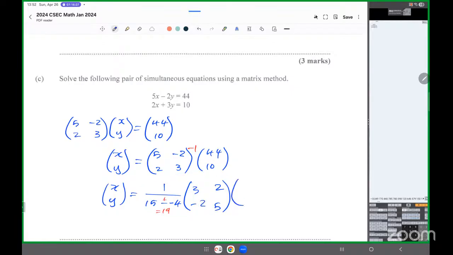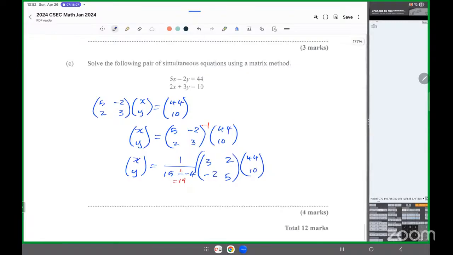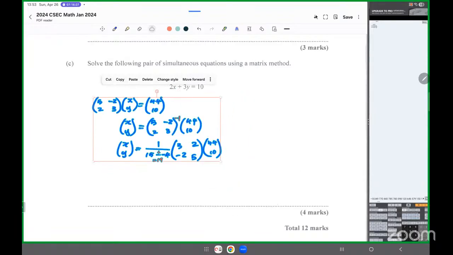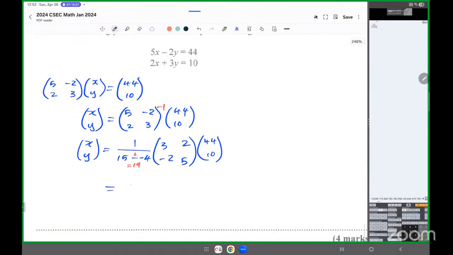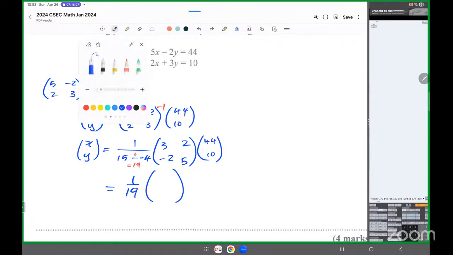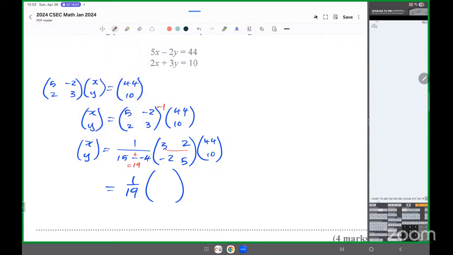And still multiplying it by the 44, 10. I tend to work out the multiplication of those first before I divide by the 19. So it becomes equal to 1 over 19. And I'm going to multiply these 2 matrices now. So remember, I multiply the rows of the first matrix with the column.